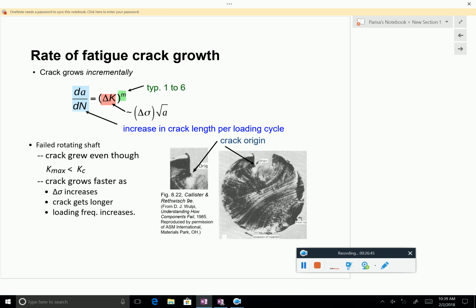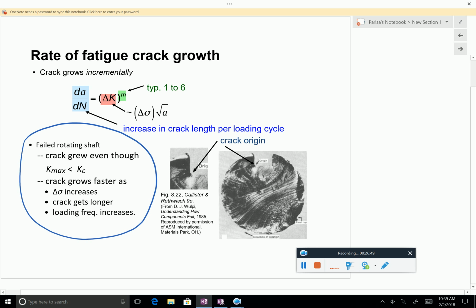So it's important to have an idea what makes a crack grow faster. If it is larger, if you apply more load, and if you apply the load faster, typically these are some of the driving mechanisms.